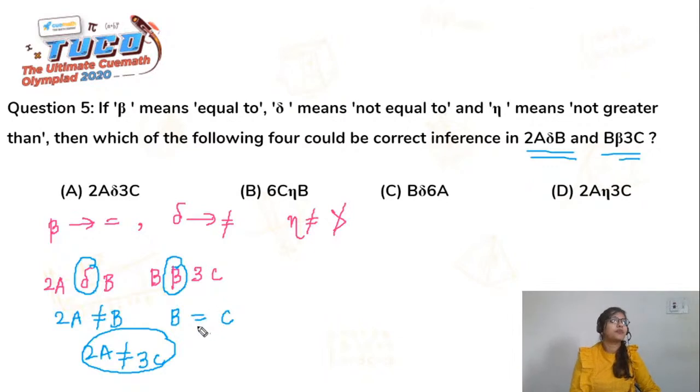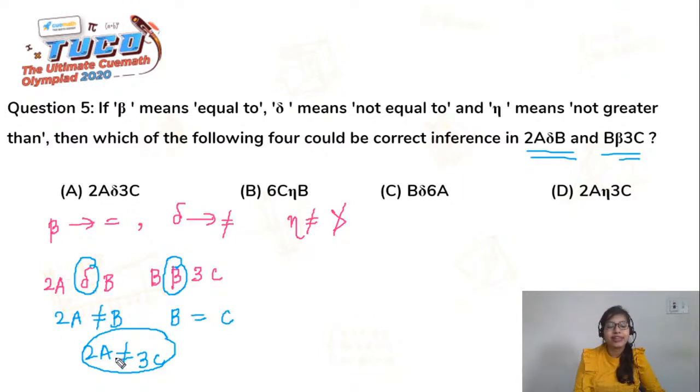Let's say that I don't like my younger brother, but my younger brother has a very good friend, his best friend. So would I be liking his best friend? No, right? Because if I don't like my younger brother, how would I like anything related to him? Correct? So I would also not like his friend.